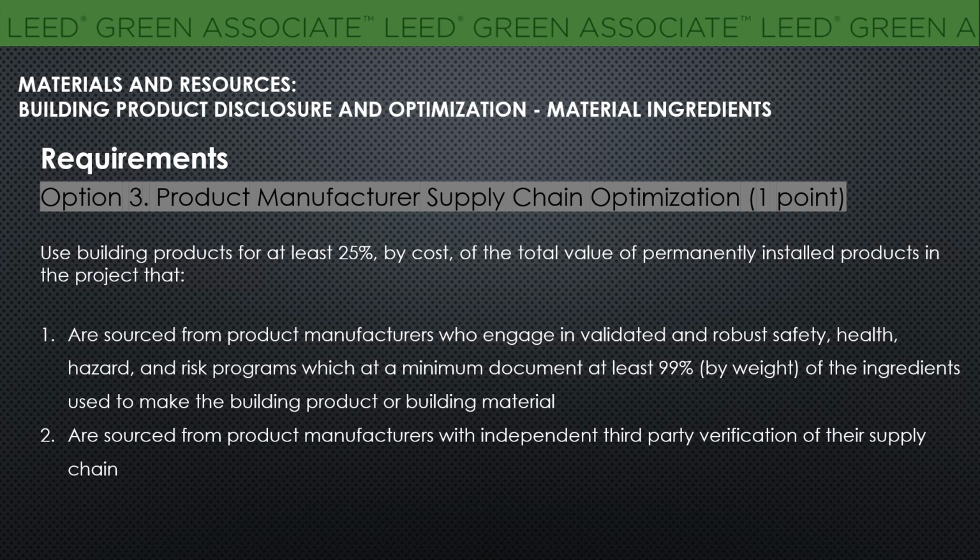Number 2. Are sourced from product manufacturers with independent third-party verification of their supply chain. So the criteria are provided on the USGBC website. You can go to that. For the LEED Green Associate exam, we need to only highlight the concept and intents.